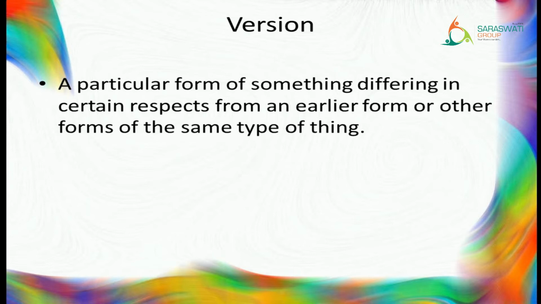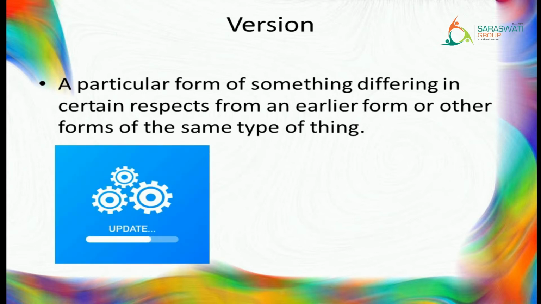Like the way we are installing certain application, certain game application in a mobile, so we update it, right? What do we do? We update it. When you start updating, that means your system, your mobile is being updated. You get this type of sign sometimes, a loading sign, right? And as and when the loading is over, your phone or your application is updated.